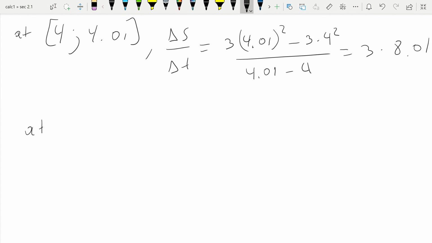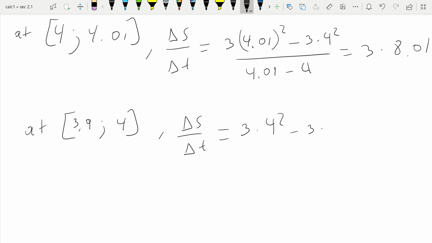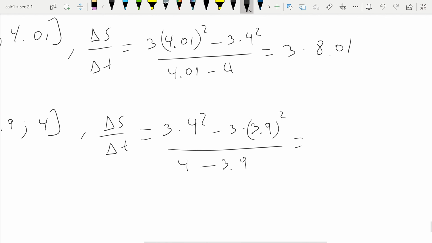And then at 3.9, so now we use one point from the left, delta s over delta t will be equal to 3 times 4 squared minus 3 times 3.9 squared, all that divided by 4 minus 3.9, which will be equal to 7.9 times 3.